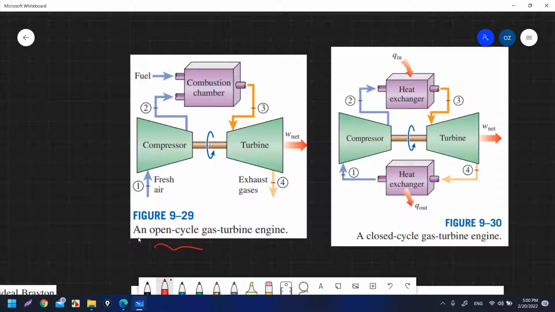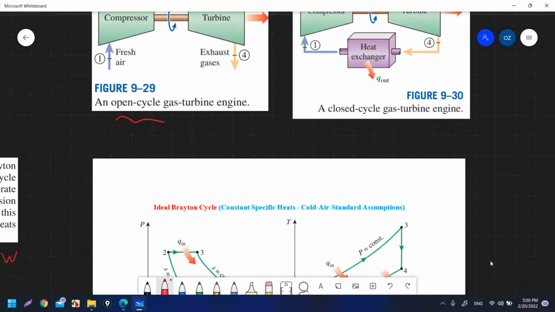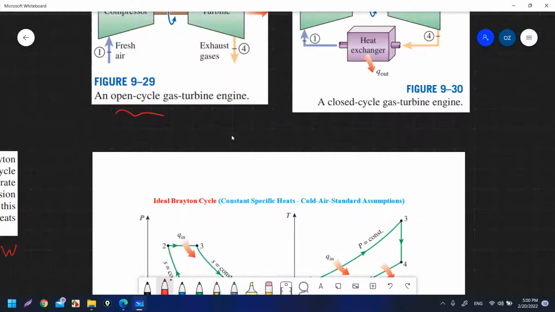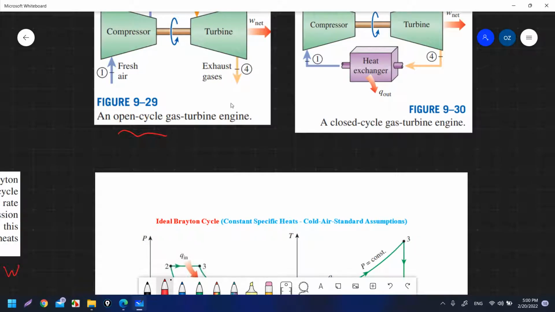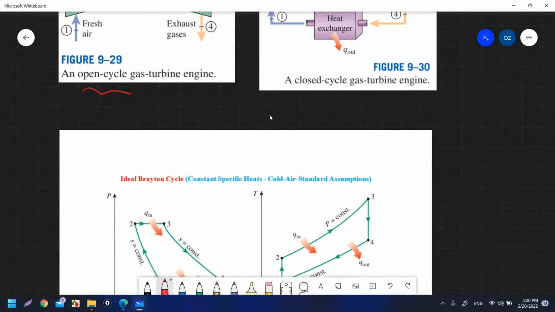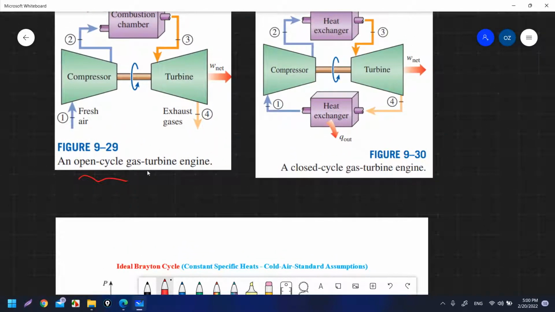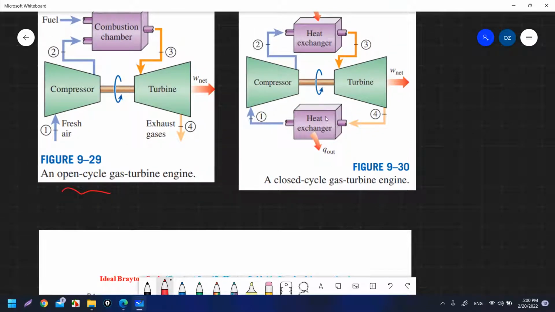Now we will not have exhaust gases. The gases at state 4 have a higher temperature than at state 1, when you take fresh air. So the temperature must decrease from 4 to 1. To replace the open cycle here, we also put a heat exchanger, but with a Q out, or heat rejection.